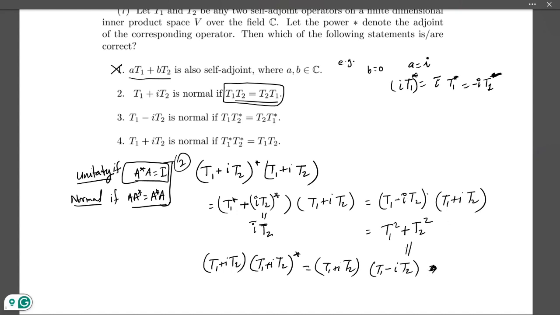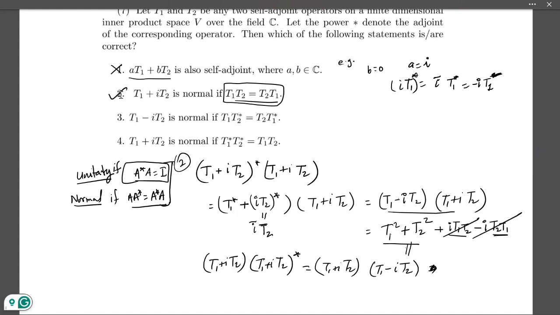Expand this, we'll get T1 square plus T2 square plus I T1 T2 minus I T2 T1. Now, T1 T2 commute, so T2 T1 will become T1 T2 and this will become 0. That is why the only thing left is this. So this is normal. Nice.